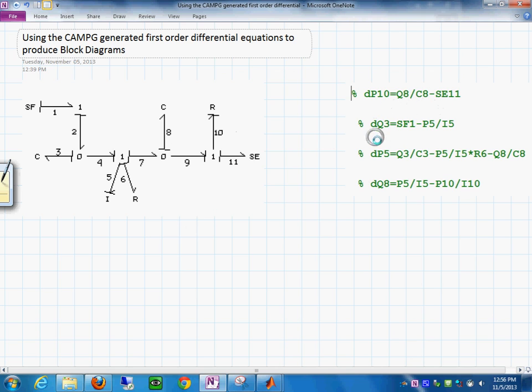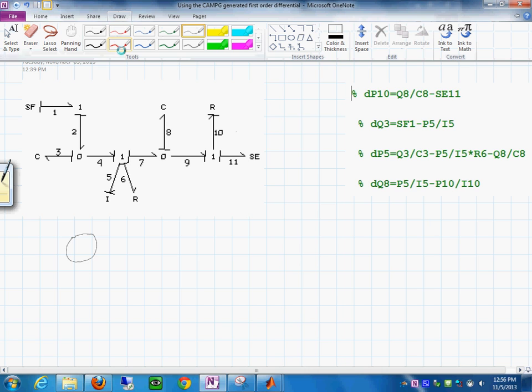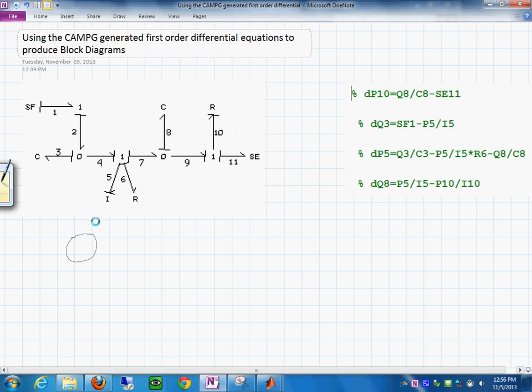I would pick the one that has more terms, just to make sure that we have all the ones here. I like to draw with a little thicker pen in here. So yeah, there we go. We'll do this one.